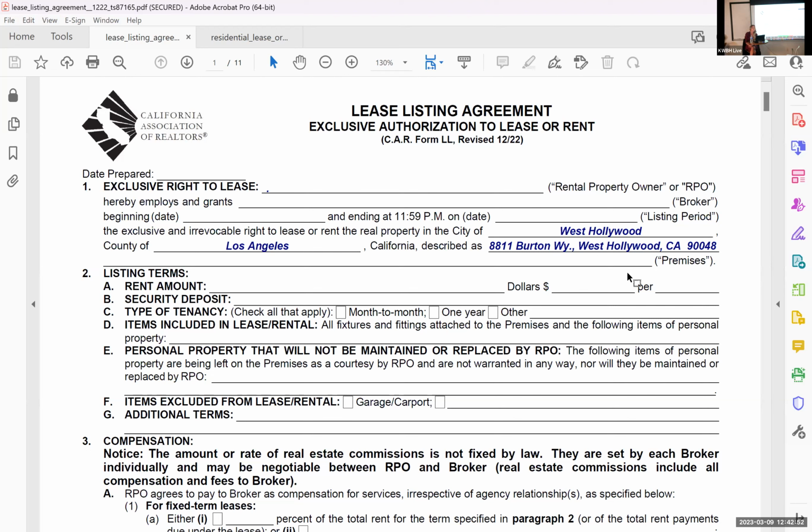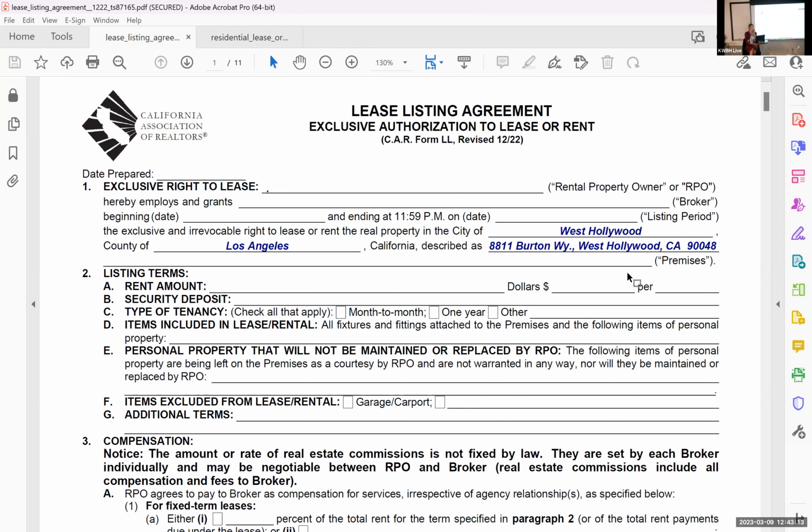But if it's a property that's listed like this, that should be disclosed on the MLS and agent private remarks so that you discuss it with your client before showing it to them and before having them submit their application. Also, a landlord sometimes asks me, well, what do you recommend? And I'll tell them the story I just told you about myself then and now.